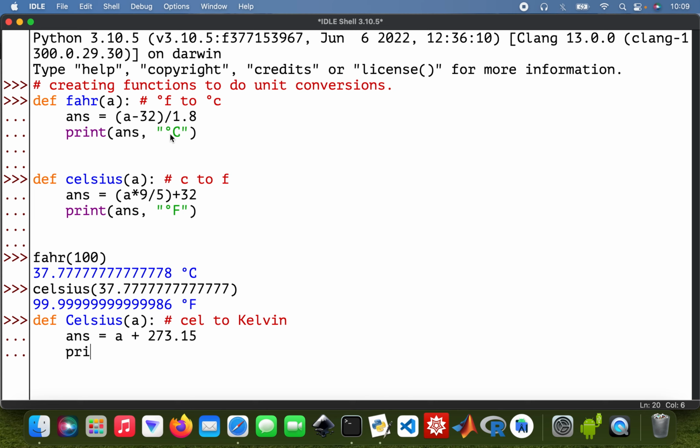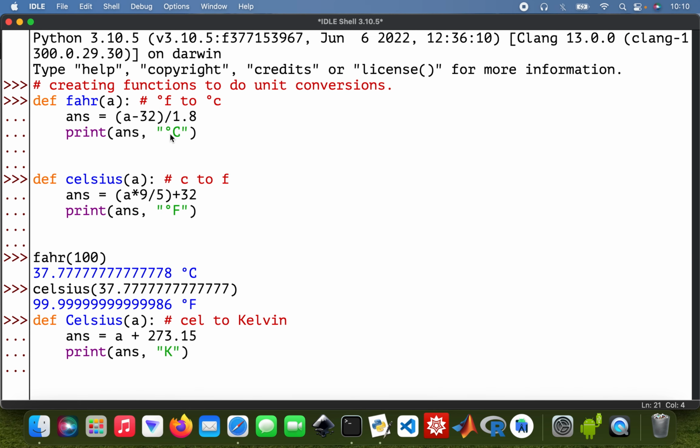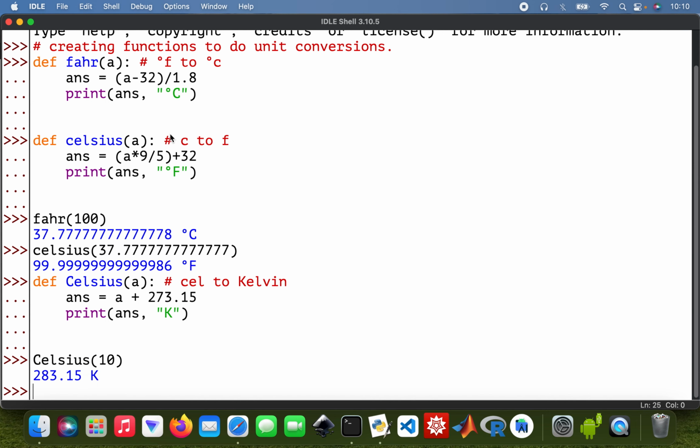Then print, and then my Kelvin. Okay. And then type in Celsius. So that'll be 283.15 kelvins.